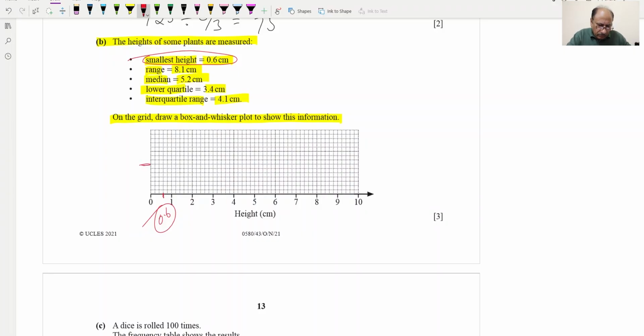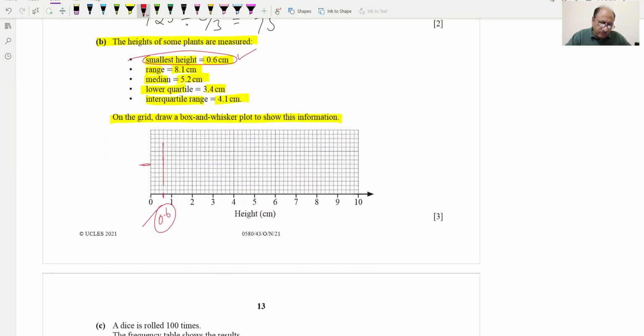So we will be moving 1, 2, 3, 4, 5 units up, and 1, 2, 3, 4, 5 units down. Okay, so this line I have made.